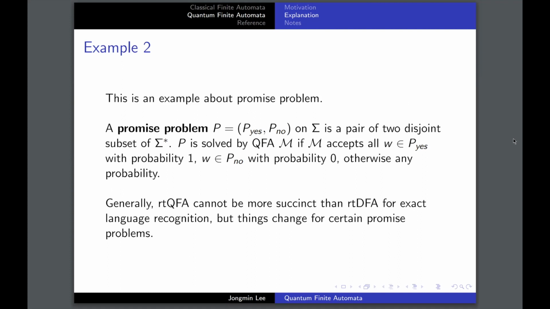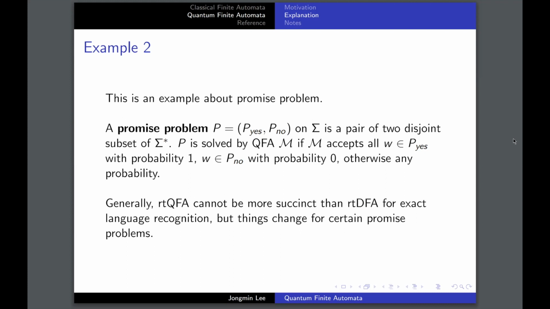The promise problem consists of P yes and P no sets, and the automaton must accept if an element of the P yes set is the input, and must reject if an element of P no is the input string.